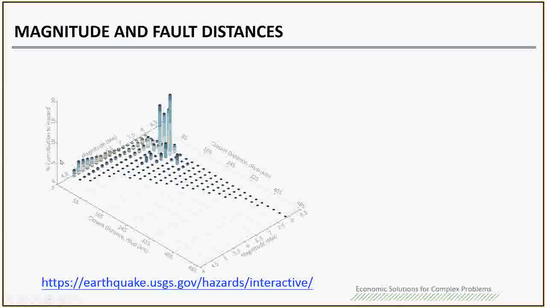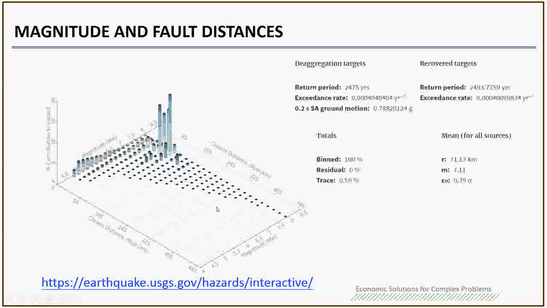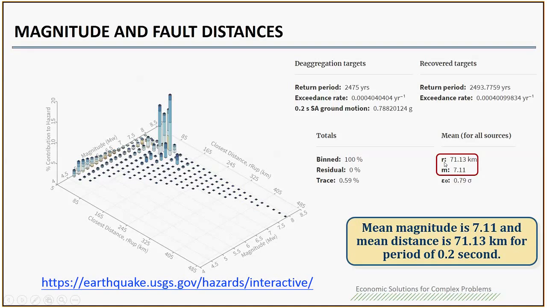At the same time, this analysis also provides the mean value from all sources. This is the mean magnitude, 7.11, and this R is the mean fault distance.